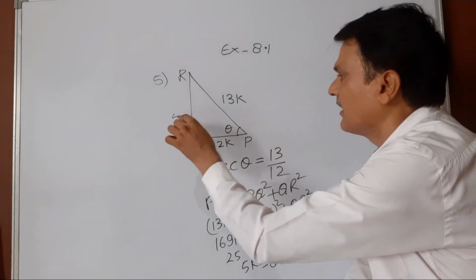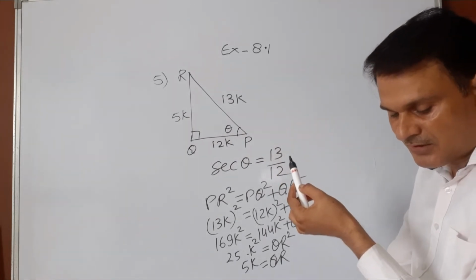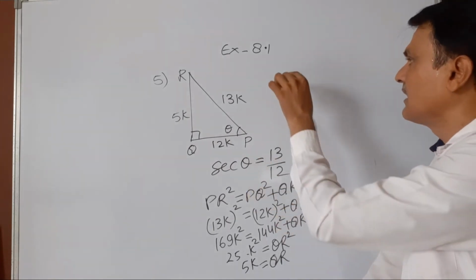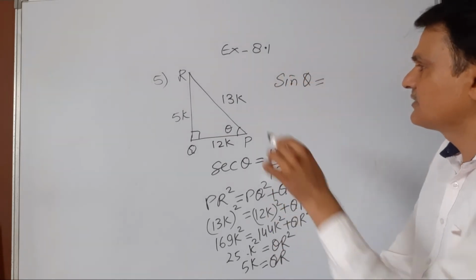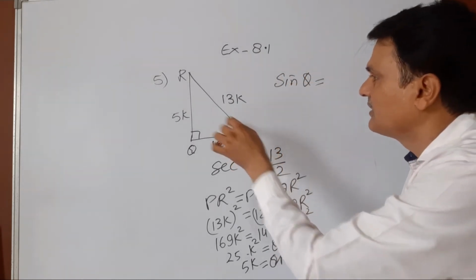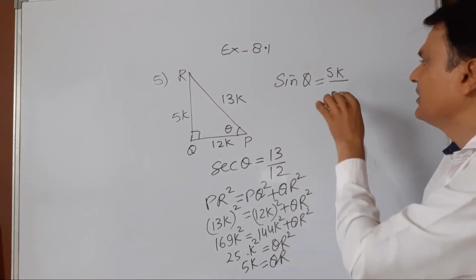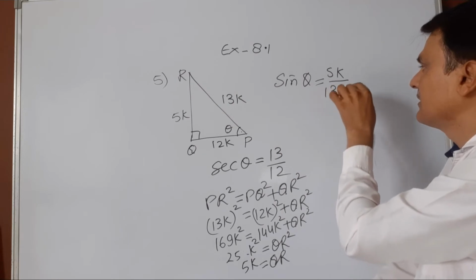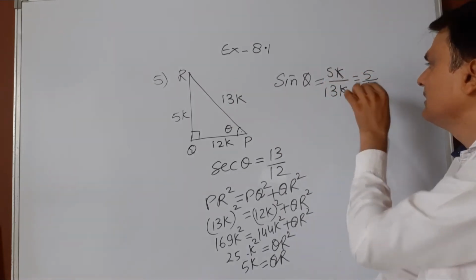Now this is 5K, and we have to find out all the other trigonometrical ratios. Sine theta equals the side opposite to theta, which is 5K, upon hypotenuse PR, that is 13K. K cancels out, and we get 5 upon 13.